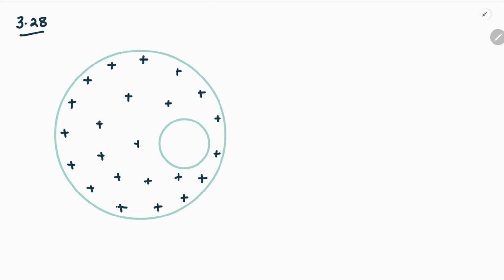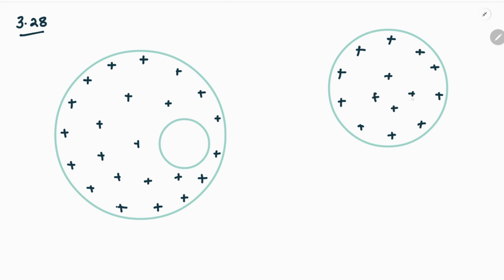So before we approach this problem, we need to understand some important results. Over here, if I consider a sphere like this, inside a charged sphere, the electric field strength at a distance r having charge density rho is given as E equals rho r by 3 epsilon naught.